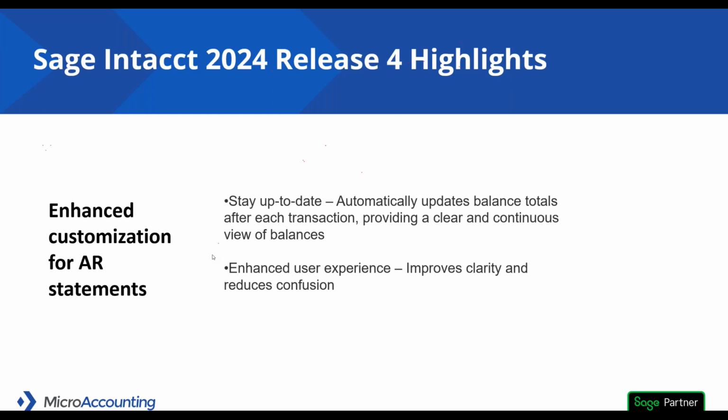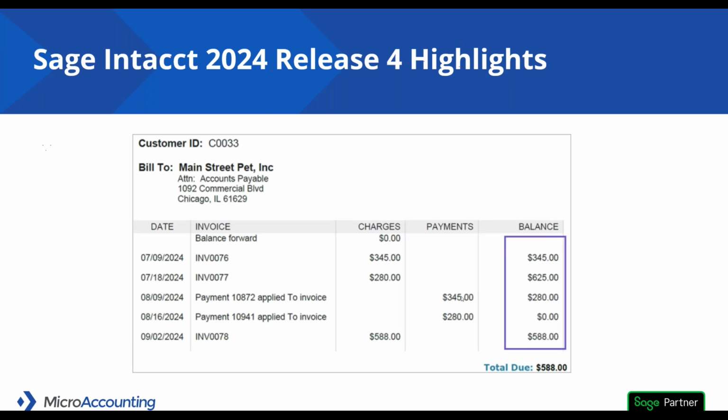So on this customization, now they've allowed for you to have a balance total, a running balance total on those statements for your customers. And so what that's going to essentially show is, hey, here's the invoice, here's specific payments, and then the reduction of the balances on those line by line. Case in point, this is what it will look like.